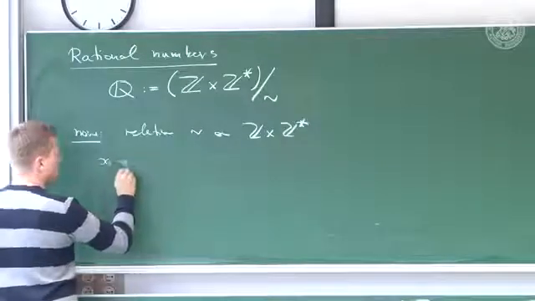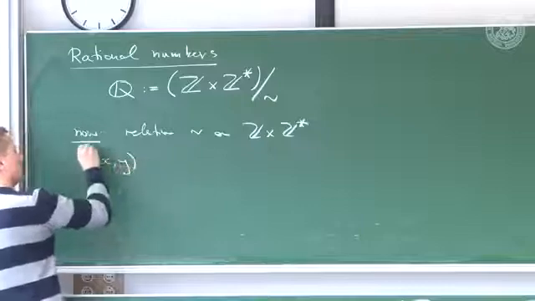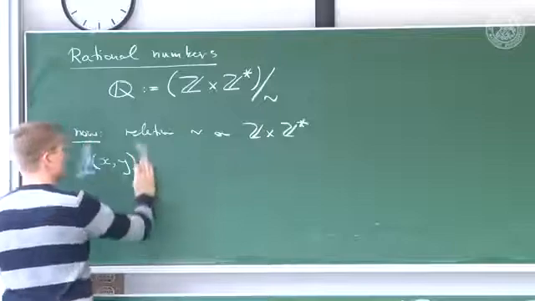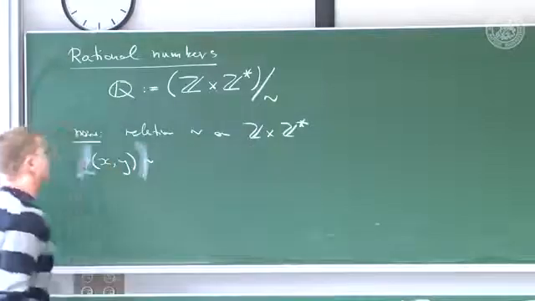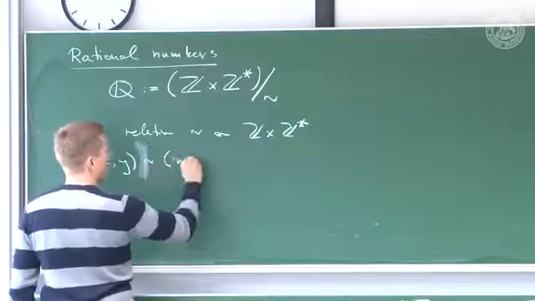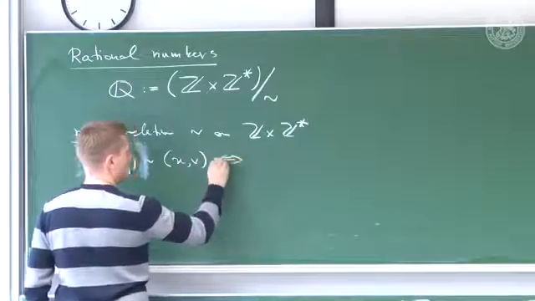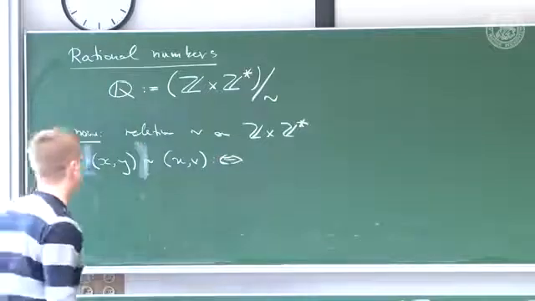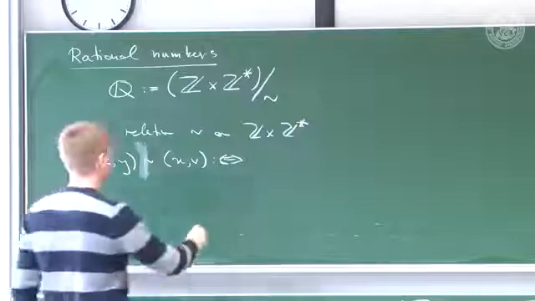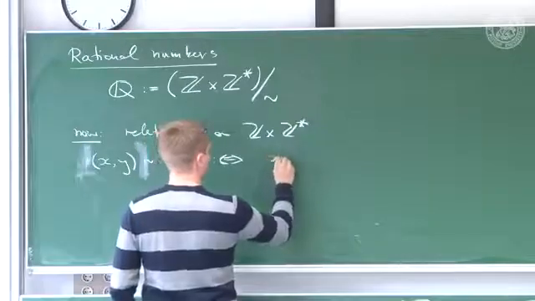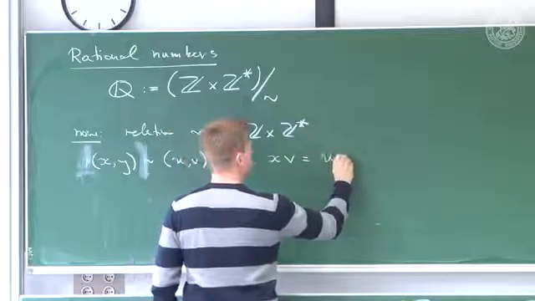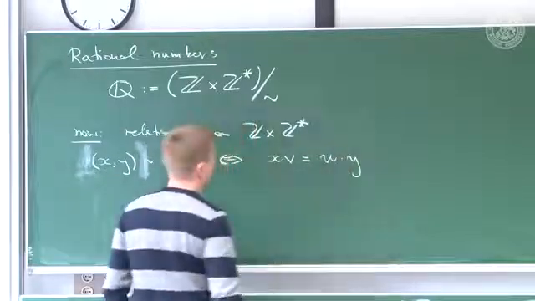A pair x, y, an element of this Cartesian product, is by definition equivalent to a pair u, v if v equals u times y.